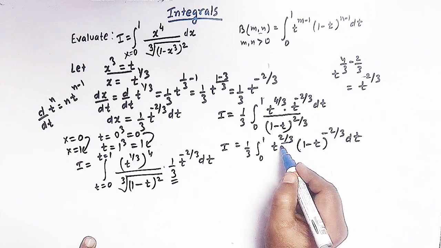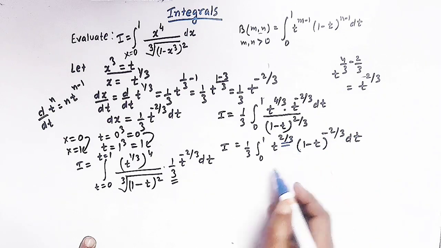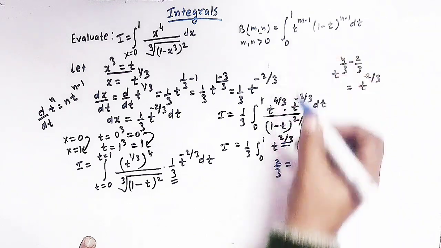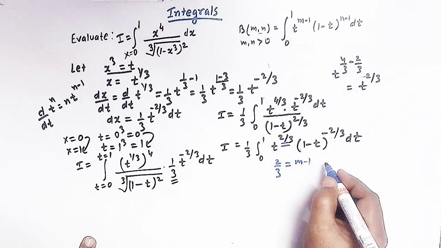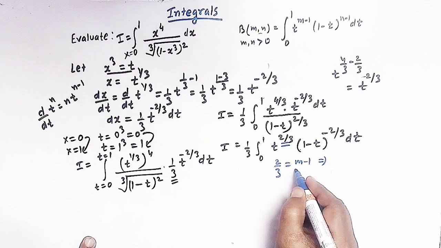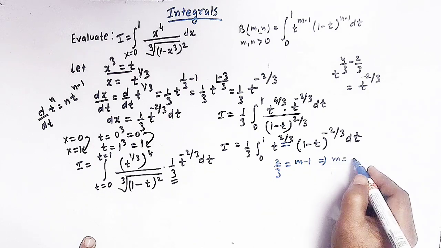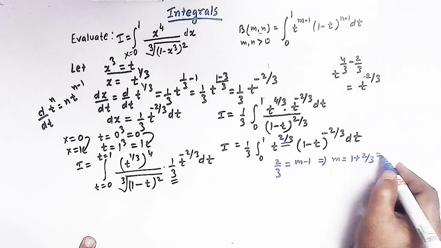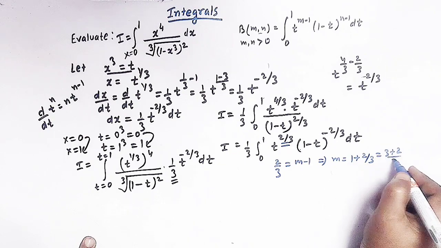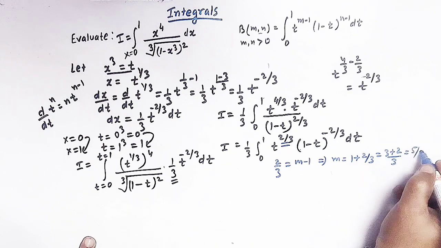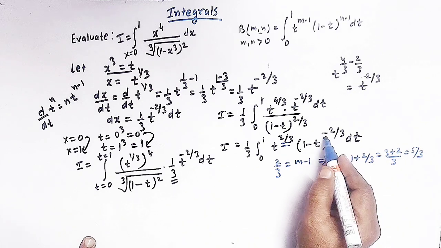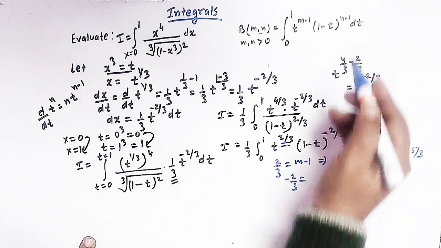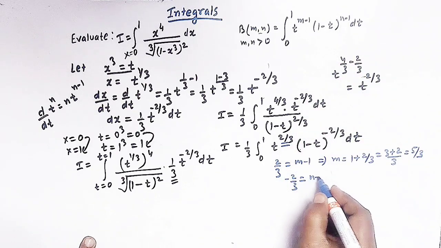So let us write this exponent, that is 2 over 3 is equal to m minus 1, right? So we can solve this equation. So we have m is equal to 1 plus 2 over 3, that is 3 plus 2 over 3, that is 5 over 3. And similarly here we have minus 2 over 3, and here we have n minus 1.